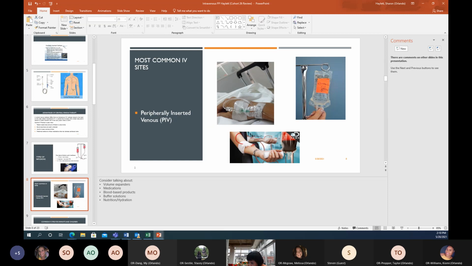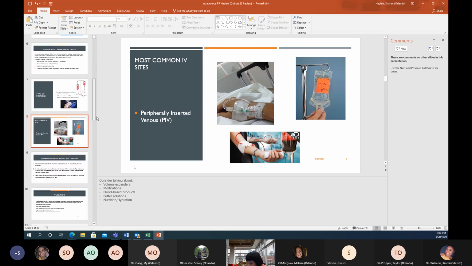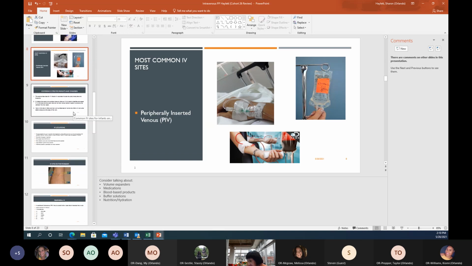Nurses like to put it there because it's easier for them, but it's not easy for the patient. If they have a pump, every time they bend the arm, it beeps. It's noisy, and the patient can get upset, especially an older person, who gets confused and doesn't know what's going on. So you have to be careful when we have IV sites there.